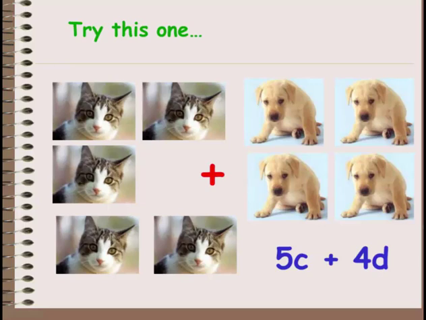C is not like D, so you cannot combine them. When I'm thinking about like terms, I think of a picture or an animal or a food, like apples or xylophones for X and yo-yos for Y. Xylophones and yo-yos can't combine. Well, cats and dogs can't combine.